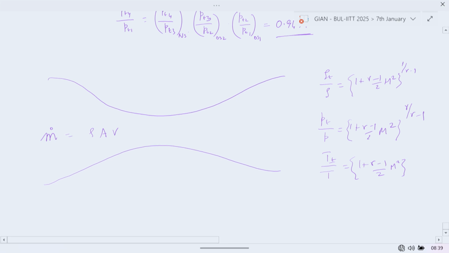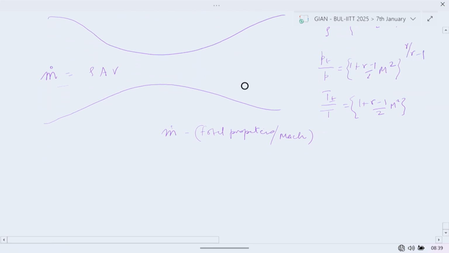Now ideally, when you're looking at the mass flow rate, we want to express it in terms of total properties as well as in terms of Mach number. That's what we really would like to have.